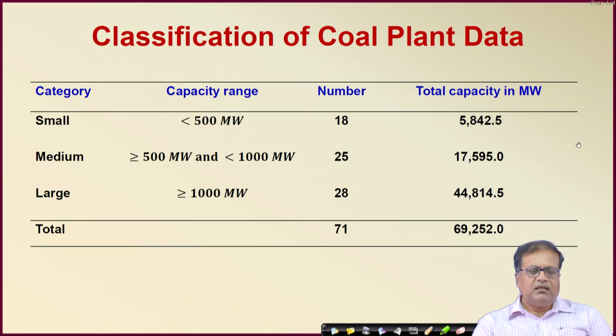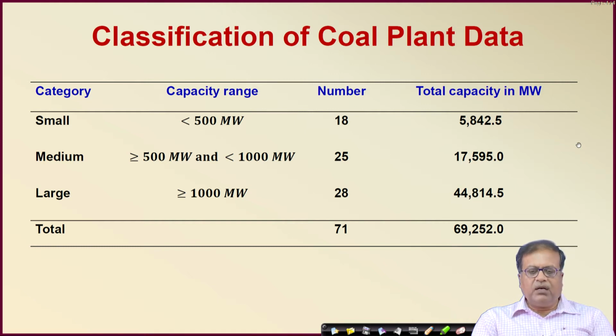But before that, let me understand what exactly is done in the thesis. The coal plants are divided into 3 categories: small, medium and large. Small is less than 500 megawatt, medium is between 500 and 1000 megawatt, and large is above 1000 megawatt.